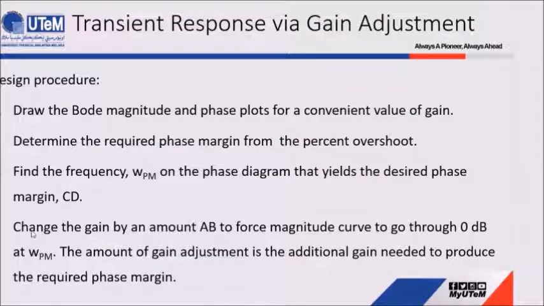Fourth, change the gain by an amount AB to force the magnitude curve to go through 0 dB at omega PM. The amount of gain adjustment is the additional gain needed to produce the required phase margin.